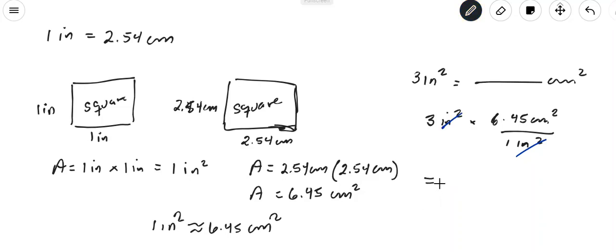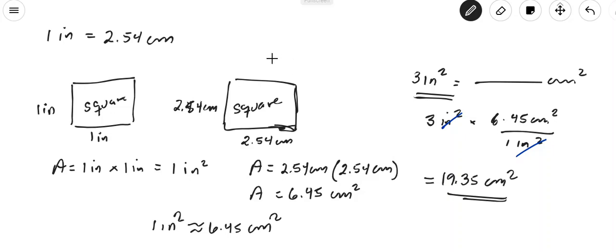So I have 3 times 6.45, which is approximately 19.35 square centimeters. So if I have 3 square inches, that will be approximately 19.35 square centimeters.